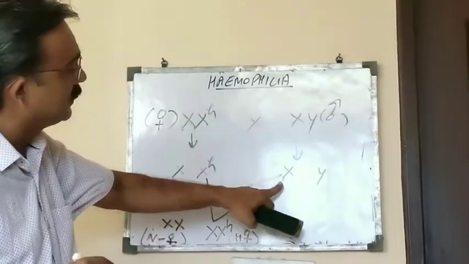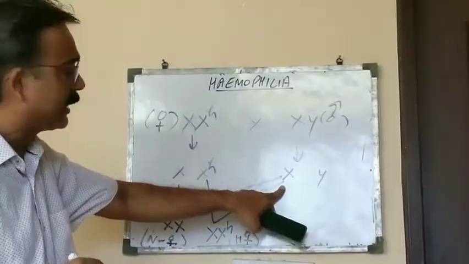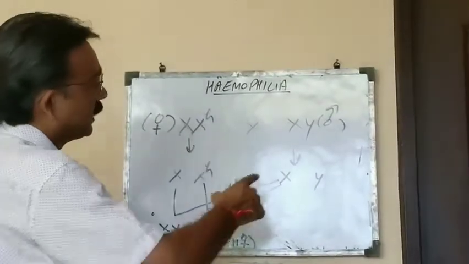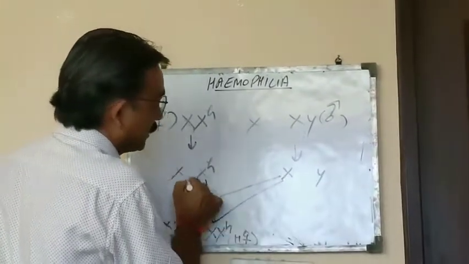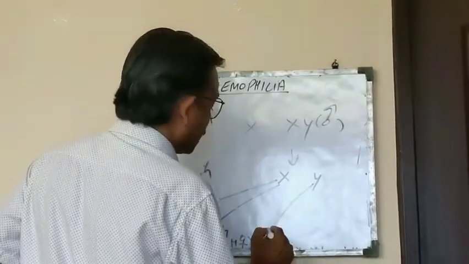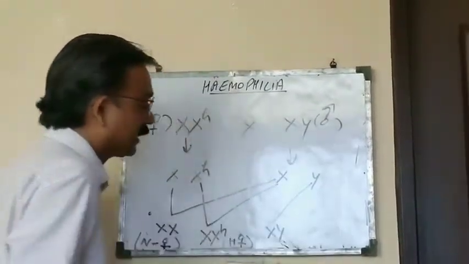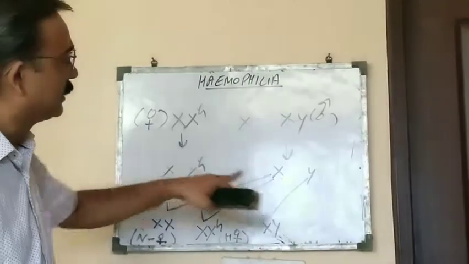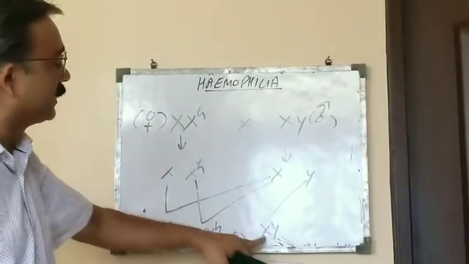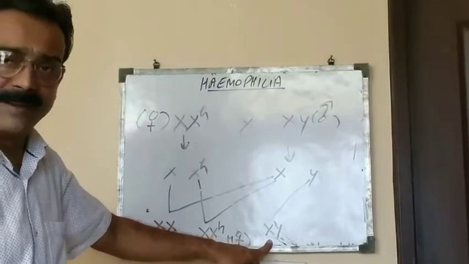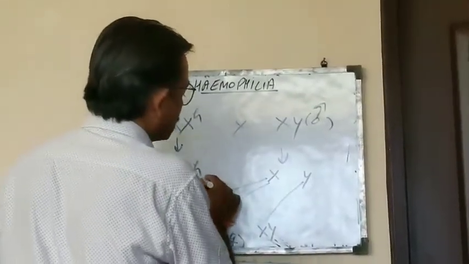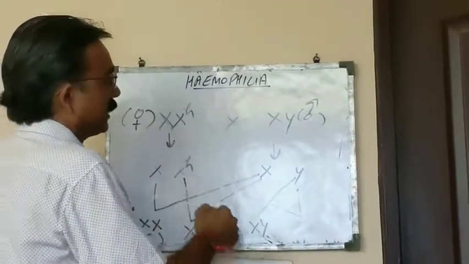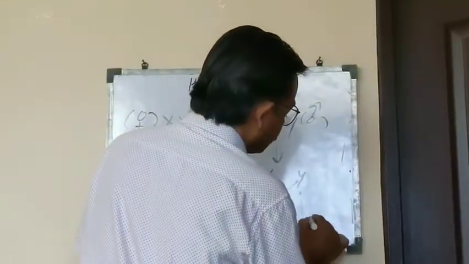Now there are two chances when this male gamete crosses with these. If this sperm fuses with this, then the condition will be XY. Here you are observing there is no hemophilic gene, there is a normal gene. Then the born baby will be a normal male. And suppose this sperm fuses with this ovum.